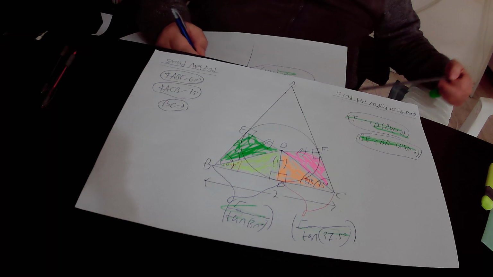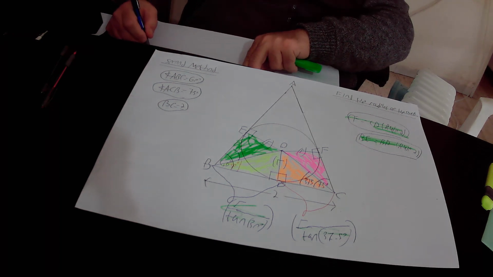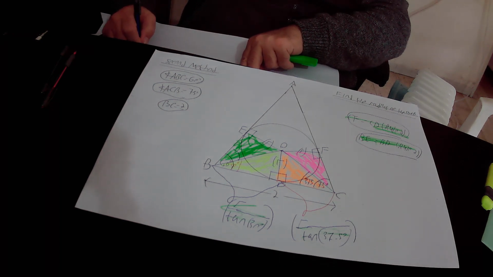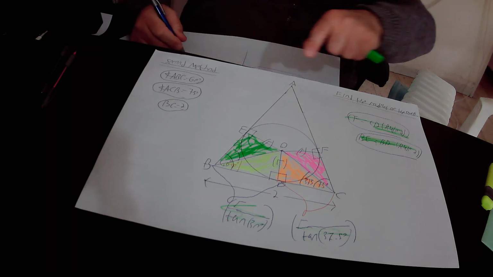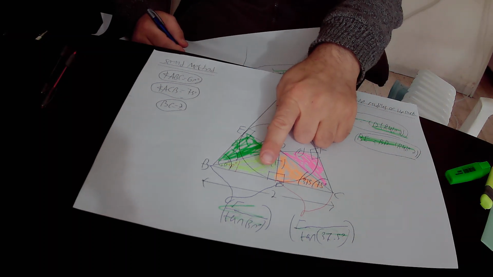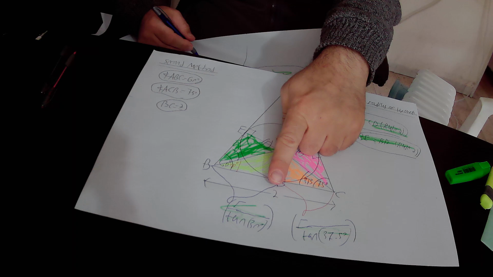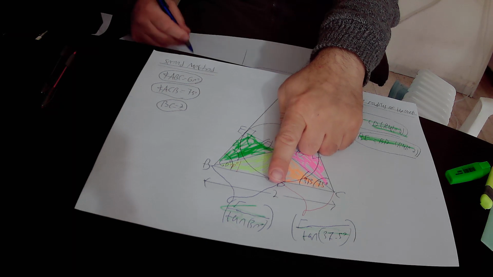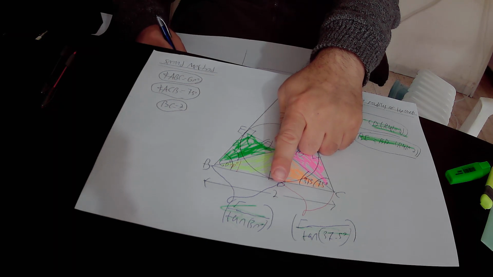So 2 equals BD plus DC. BD is R over tangent 30 degrees, so we substitute BD by R over tangent 30 degrees.